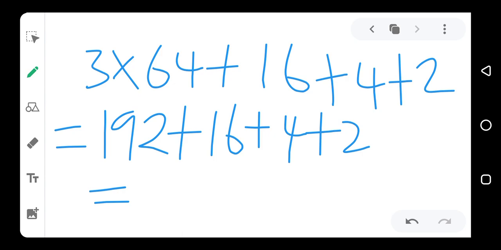It will give us 214. This is in base 10, so we have converted the number from base 4 to base 10. Now we convert from this base 10 to the base we are looking for, which is base 3. We convert from base 10 to base 3.